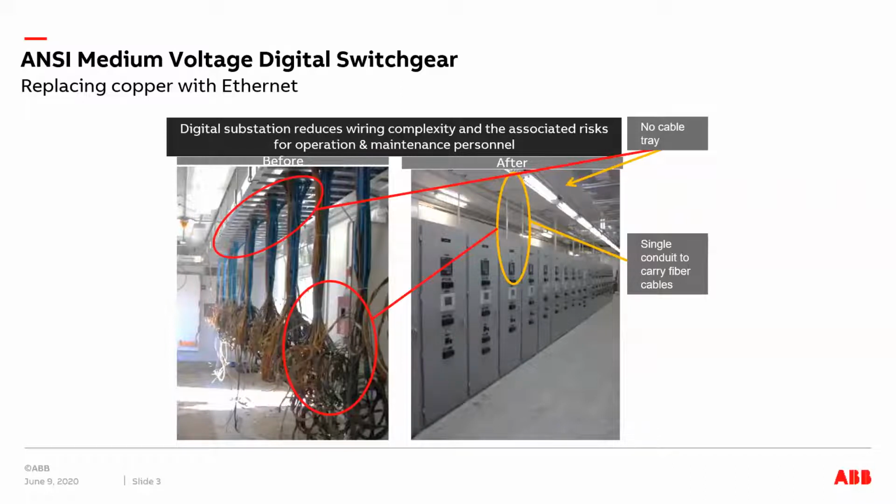One of the common reasons for issues within the panels is loose connections between the copper wires. So we are trying to make a better, simpler construction and design with digital switchgear, and make it safer and more efficient with respect to operations.